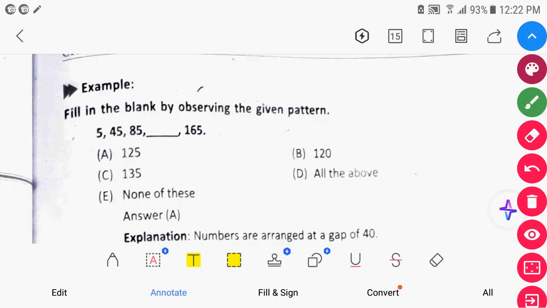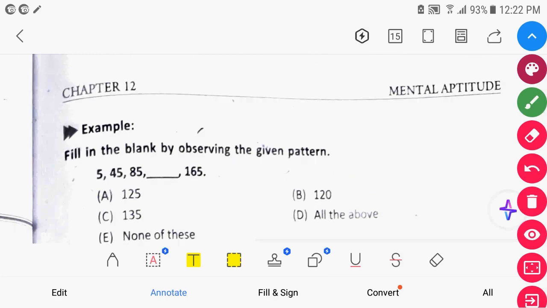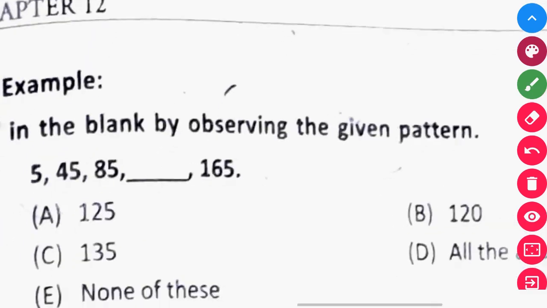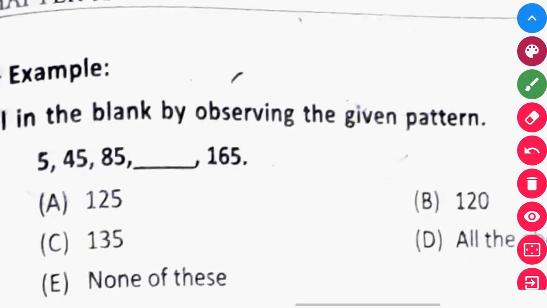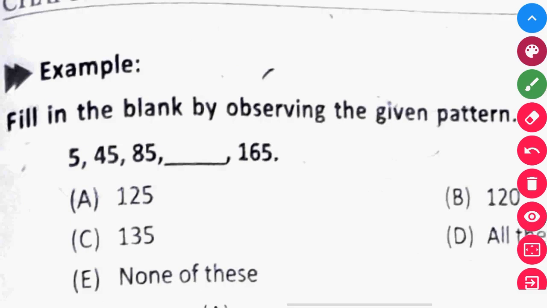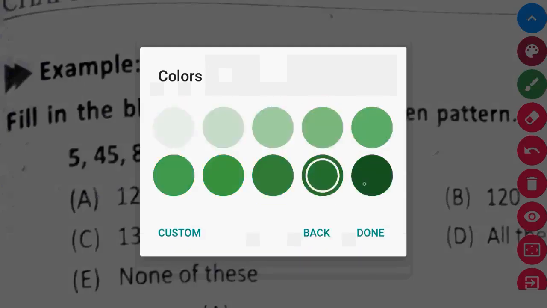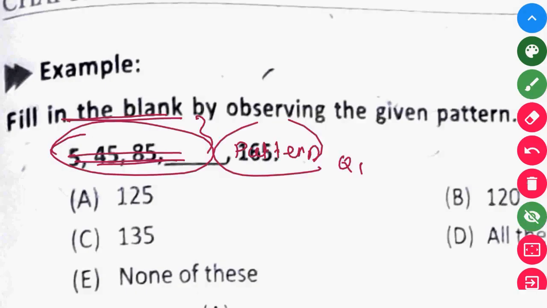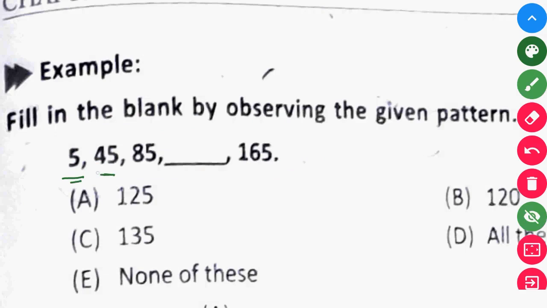Now see, fill in the blank by observing the given pattern. There are so many patterns hidden in the number series, so you have to identify the correct pattern which is there in the series. If we observe the numbers carefully, the first number is 5, and after 5, 45 is there.